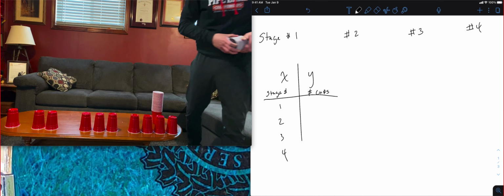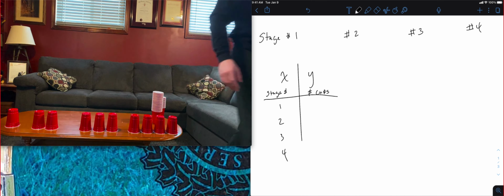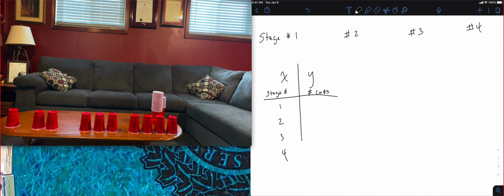Okay, so if we actually look at the bases here, without writing anything down yet, if this is the pattern that I was going to build, then in stage 1, we're going to have 1 cup, in stage 2, we're going to have 2 cups, in stage 3, I'm going to have 3 cups, and in stage 4, I'm going to have 4 cups.